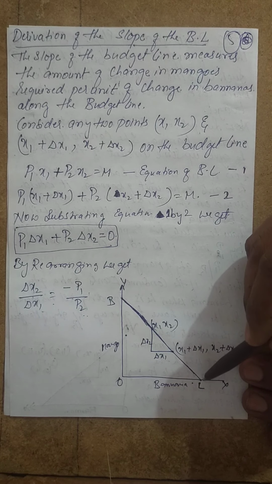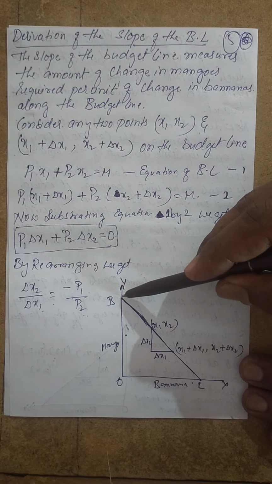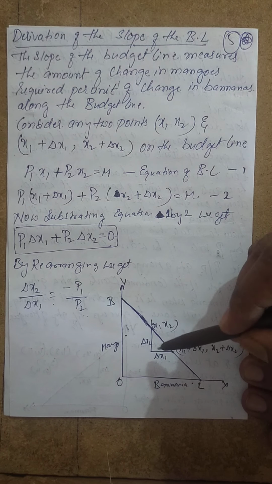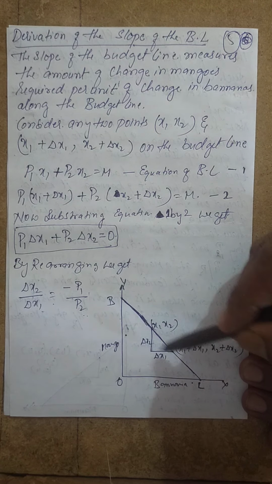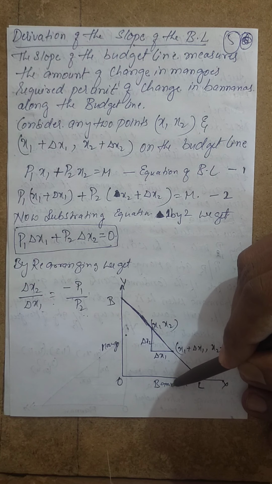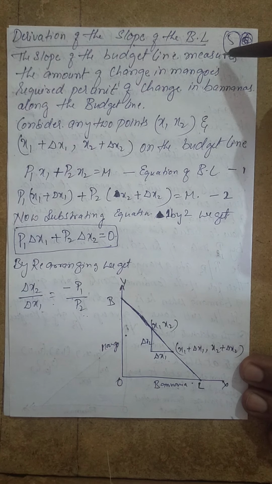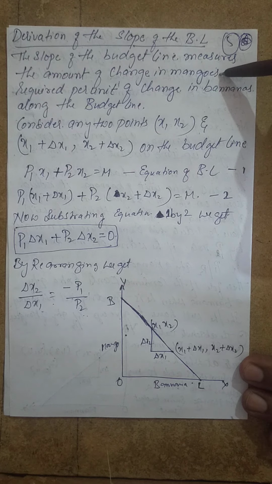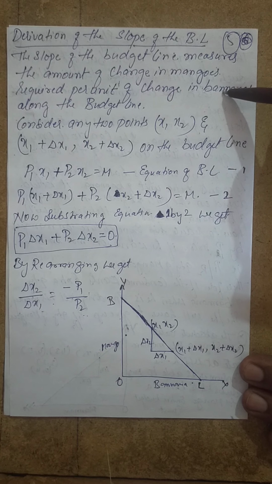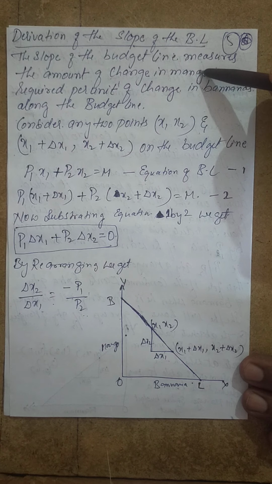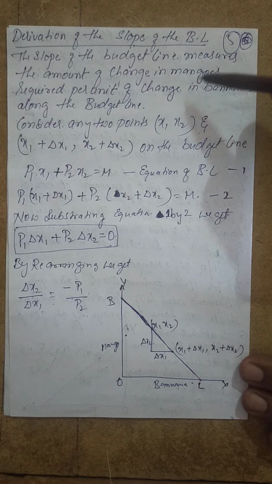That means the amount of change in mango on the budget line. This is the y-axis, and this is the x-axis, which is banana. So the amount of change in mangoes takes place with respect to the change in banana.